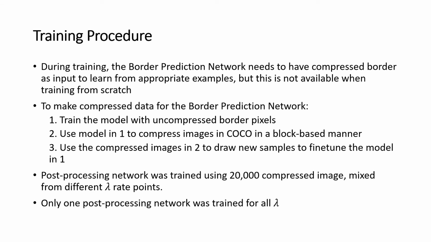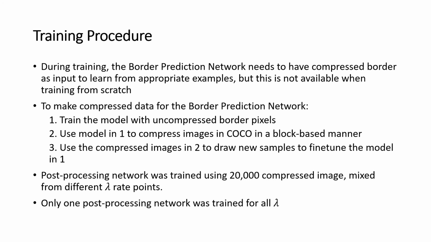First, we train the model with uncompressed border pixels. Then, with the model in one, we use it to compress images in COCO in a block-based manner. And with the compressed images in two, we draw new samples with which we further fine-tune the model in one.